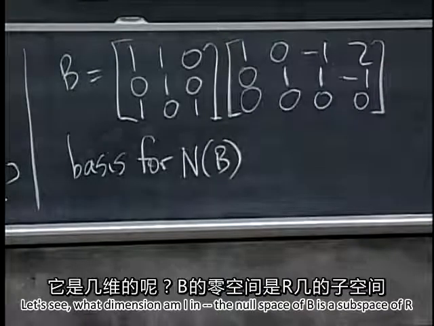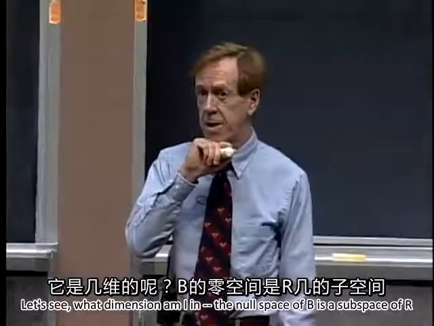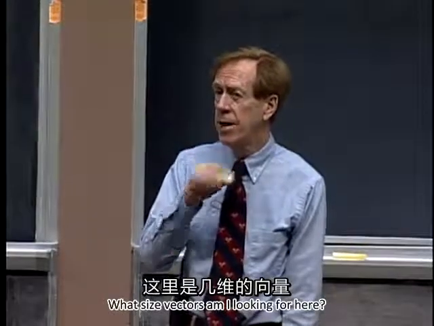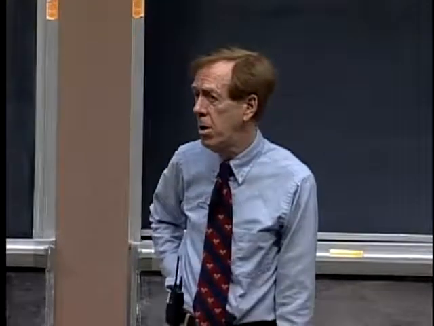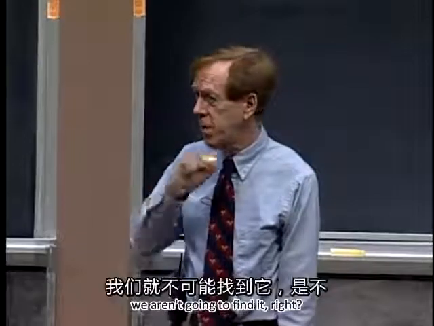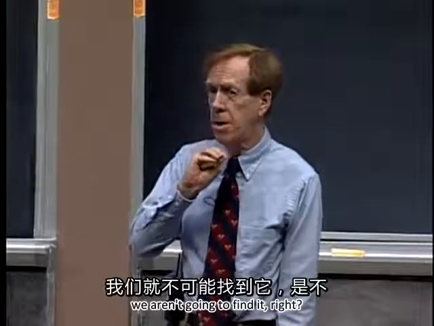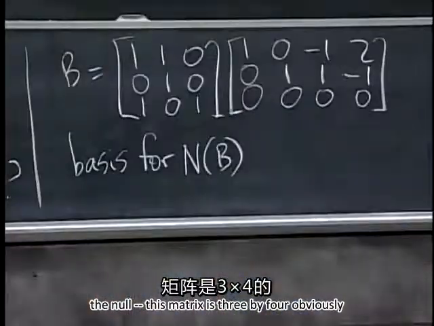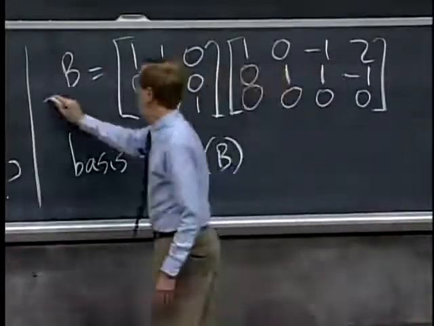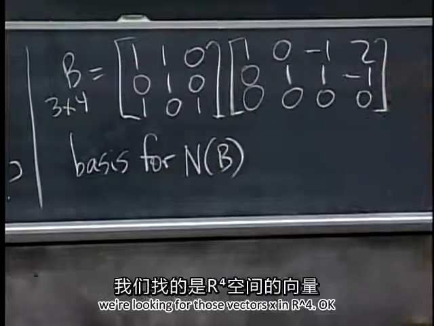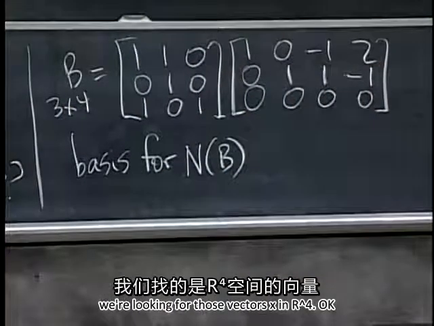Let's see, what dimension am I in? The null space of B is a subspace of R what? What size vectors am I looking for here? Because if we don't know the size, we aren't going to find it. This matrix is 3 by 4, obviously. So we're looking for vectors x in R4.